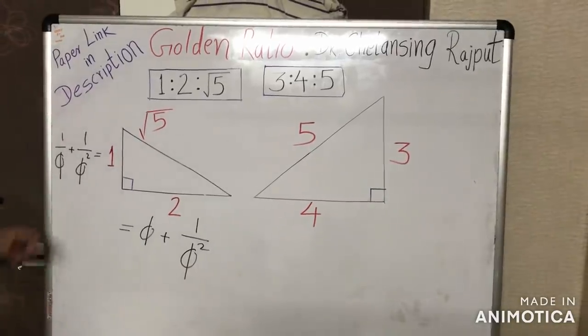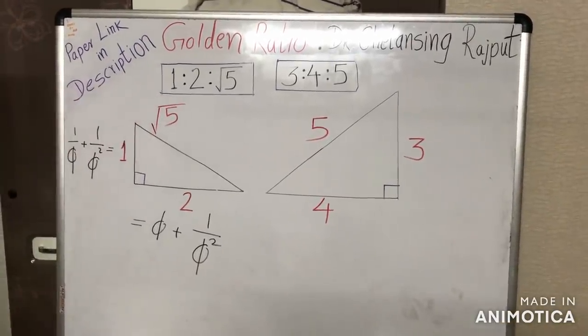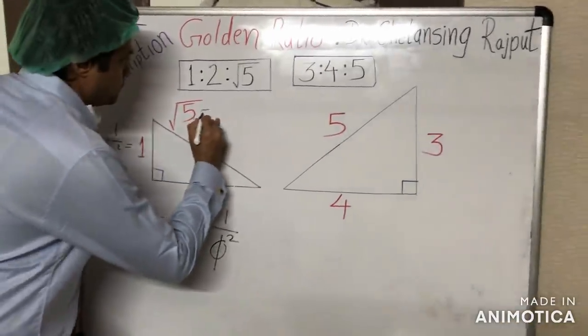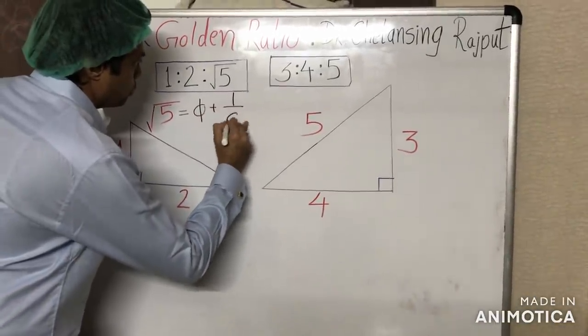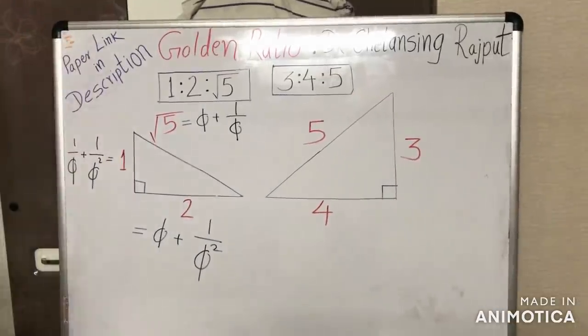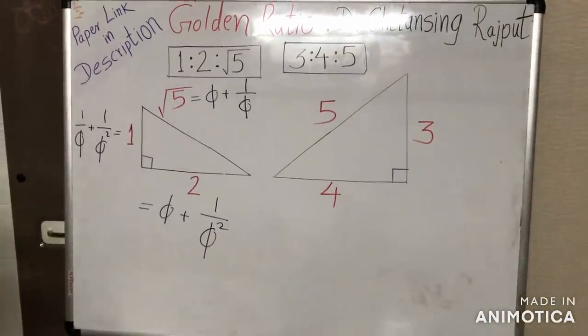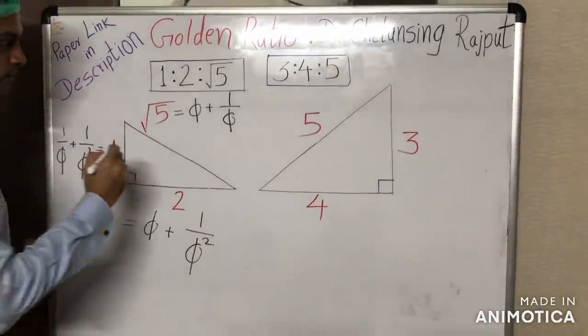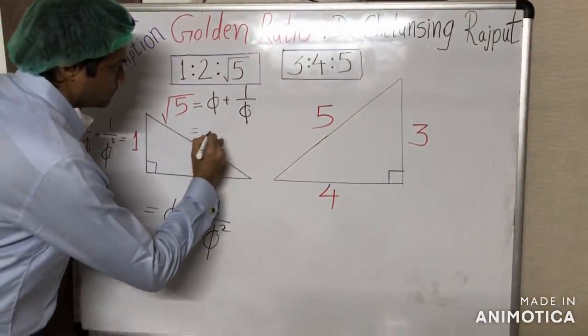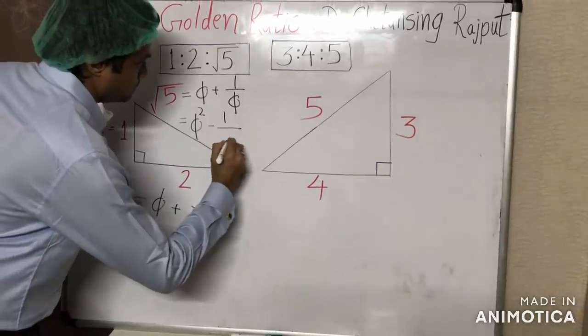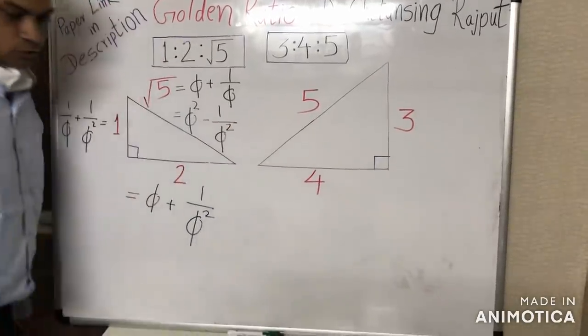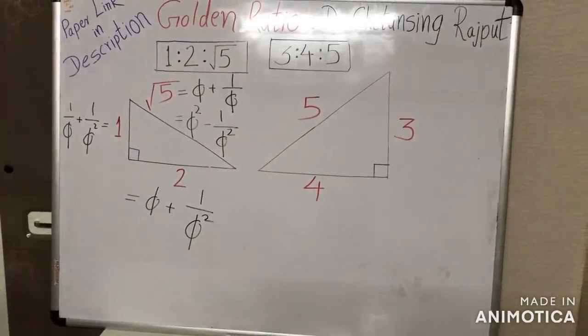And the hypotenuse root 5 is precisely equal to the golden ratio plus the inverse of the golden ratio. And this hypotenuse root 5 can also be written as the square of the golden ratio minus the inverse square of the golden ratio. Alright.